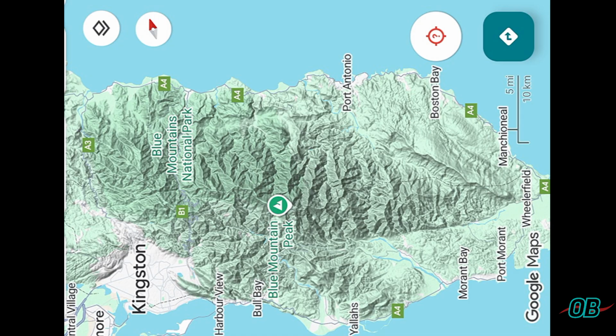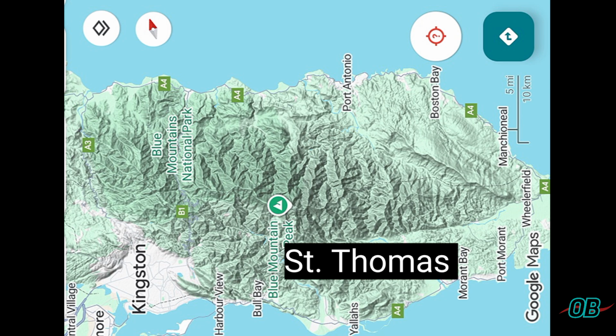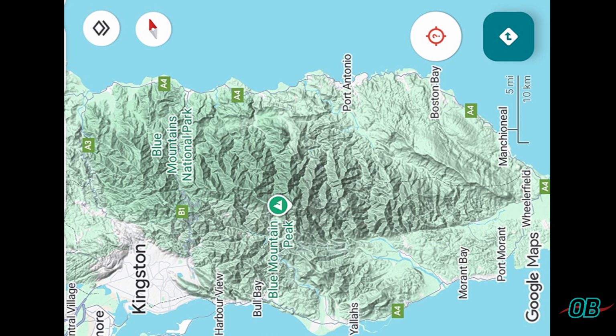To the south, east southeast, and segments of west southwest of this photo, we have St. Thomas. You should see that there are segments of the ridges, which suggests that segments of St. Thomas are mountainous, and there are also areas that are relatively flat.